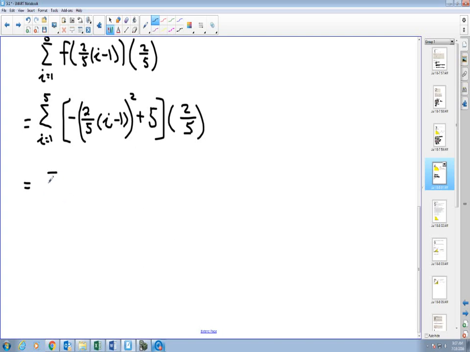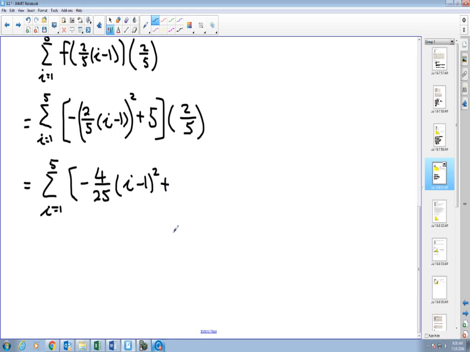So this is going to be the sum of i equal to 1 through 5 of bracket negative 4 over 25 times i minus 1 squared. The reason I did not put this up front is because I'm going to expand this i minus 1 squared in a minute.